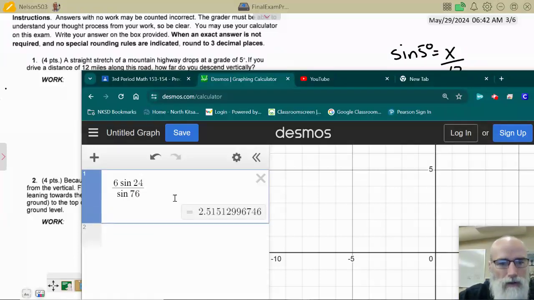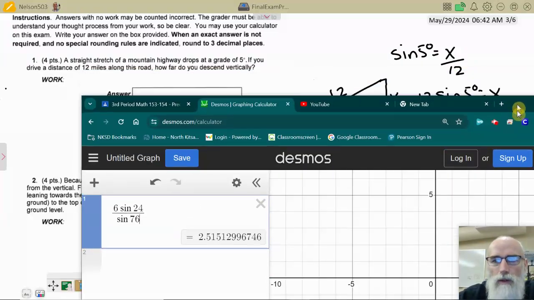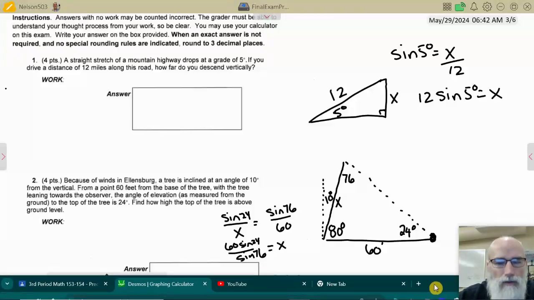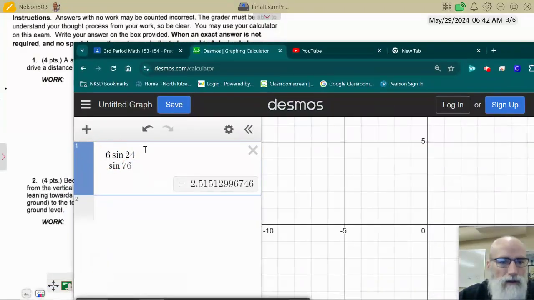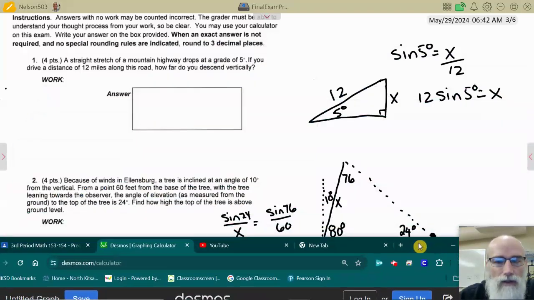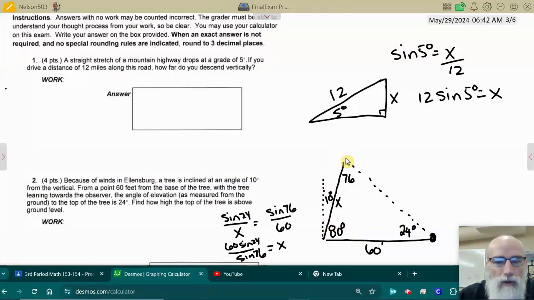And so that comes out to be, wait a minute here. What did we miss here? 60 sine 24. Oh, I got a 6 in there instead of 60. I was going to say there's no way the tree is whatever it was before. 2.5 feet. Now it's 25 feet. Okay, so the tree is 25 feet tall, but they want to know from the top.